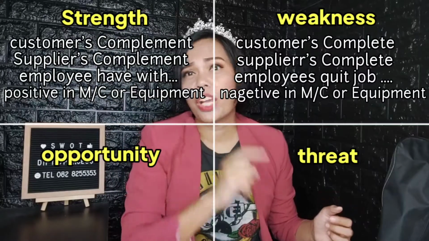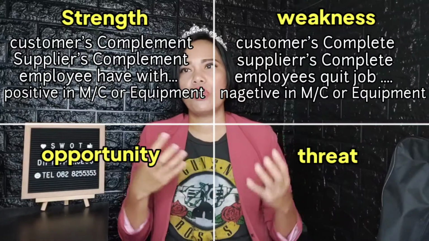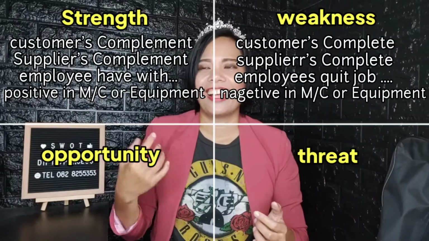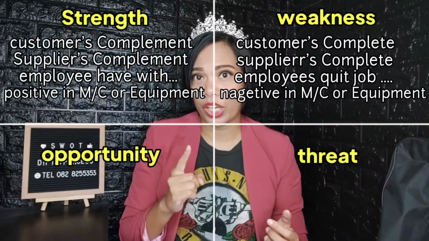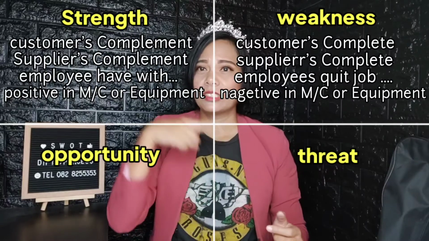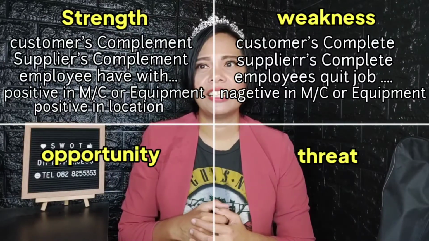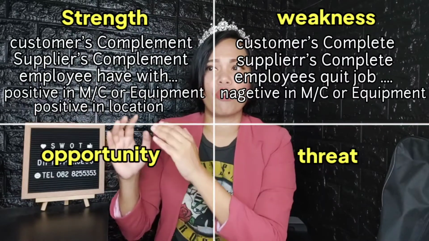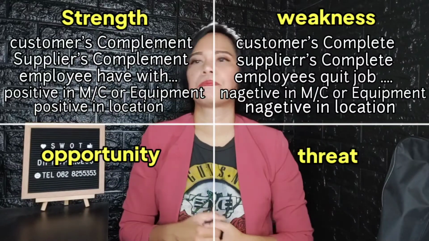And the next thing we're going to talk about is location. If your location is easy to access, near the port or the customer's factory, that is strength. But if your location is not convenient in transportation for your customer, that is weakness.